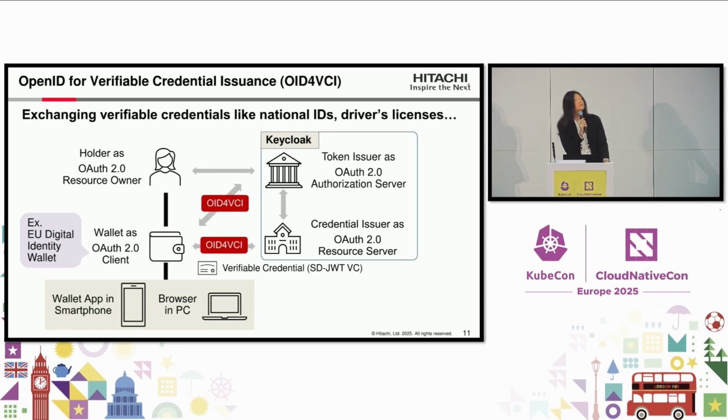Therefore, the wallet first receives an access token from Keycloak as token issuer, and then the wallet requests the VC with this access token from Keycloak as credential issuer.